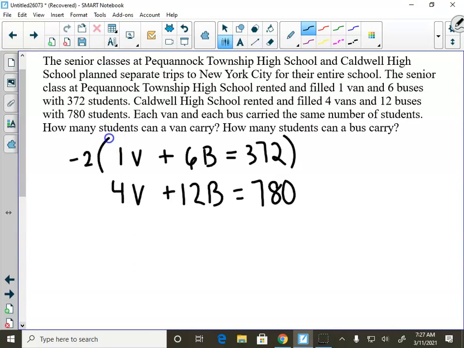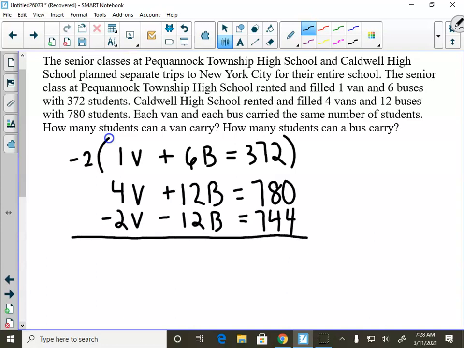okay, now I'm going to get -2v minus 12b is equal to -744. So what I've done is I've arranged to eliminate b, because now I have positive 12b and a negative 12b, and those are just going to drop out.